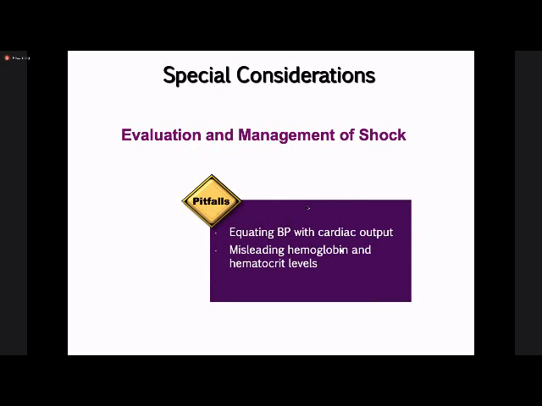So, in the evaluation and management of shock, there are pitfalls, like equating blood pressure with cardiac output. They may not be equal. Different age groups have different blood pressures. An older patient who has been hypertensive with a normal blood pressure of 180 by 100, you cannot be satisfied with a blood pressure of 90 by 60, because his organs are not going to be perfused.